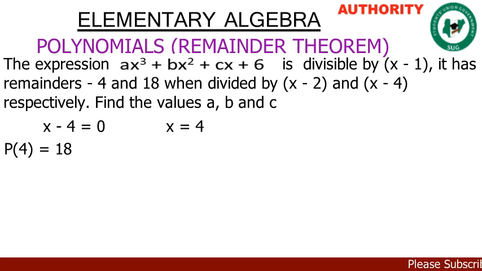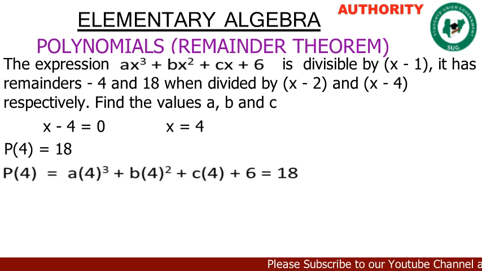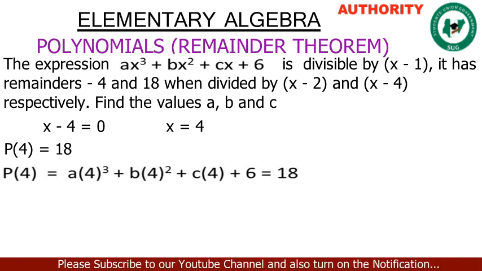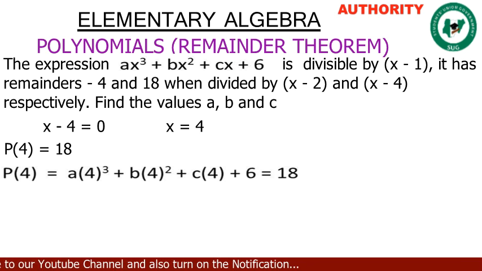Now we're going to have p of 4 is equal to a, open bracket, 4 raised to power 3, plus b, open bracket, 4 raised to power 2, plus c, open bracket, 4, plus 6 is equal to our remainder 18. 4 raised to power 3 is 4 times 4 times 4, that is 64.